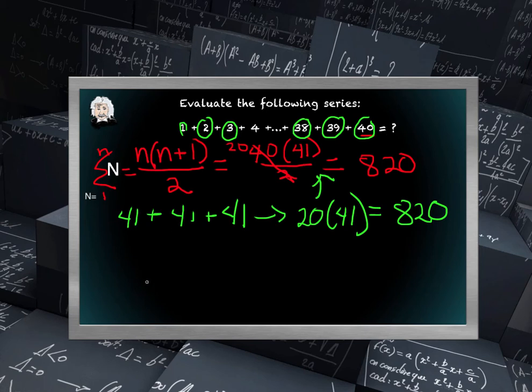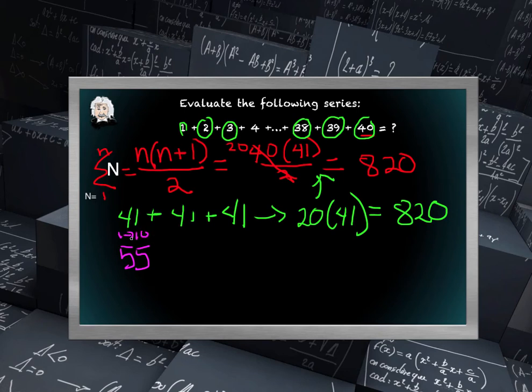Another approach might be to add up the first 10 digits, 1 to 10, which you could do in the allotted time, and that adds up to 55. That's 1 summed through 10, which is 55.